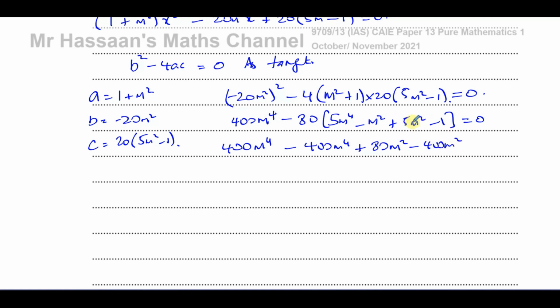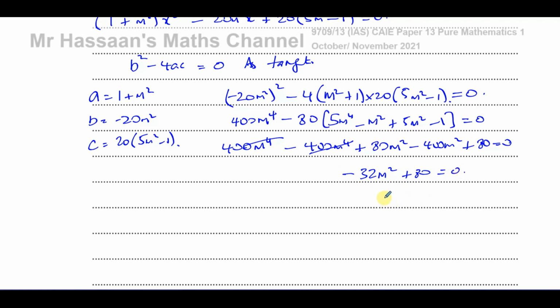In fact, I could have simplified this right away, but no problem. And that would be plus 80 equals 0, because this would give me 4m squared, which is going to give me negative 320 m squared when I've multiplied by the minus 80. So these two cancel out, and I'm left with minus 320 m squared plus 80 equals 0.